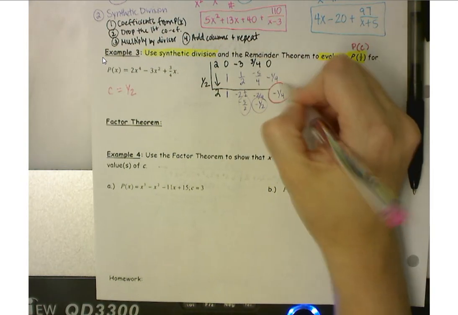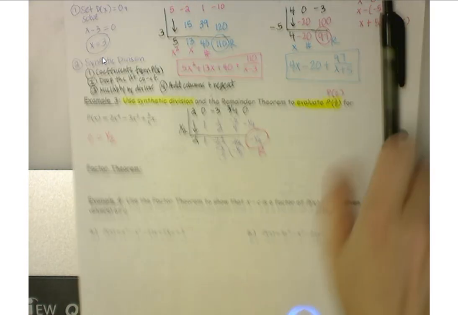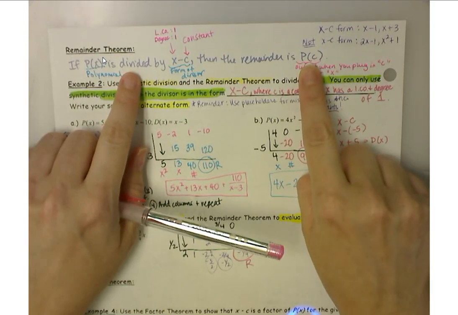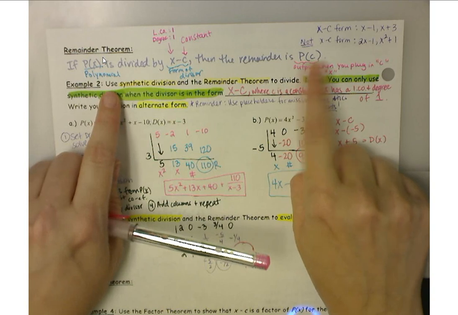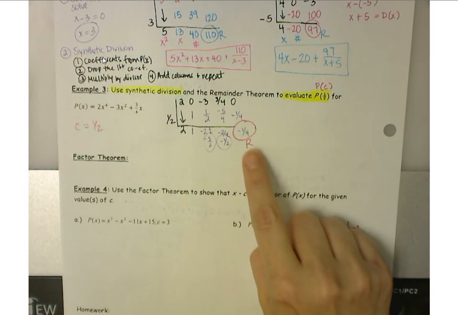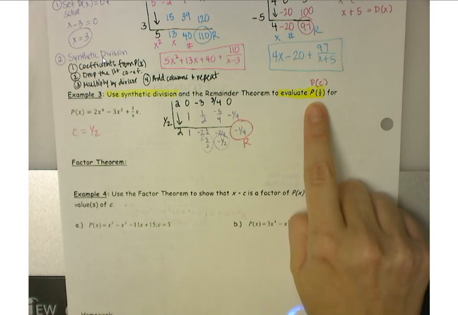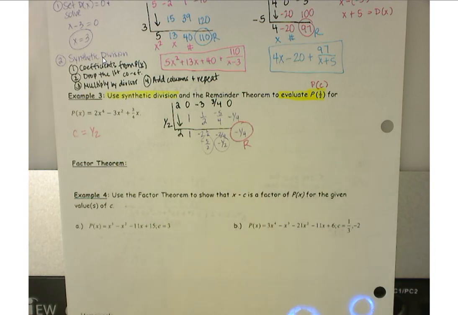Now, remember what I told you before. The remainder theorem tells us that if you're dividing by x minus c, your remainder is p of c. Okay, so your remainder is p of c. Isn't that what we evaluated, p of c? So this is always going to be equal to what?